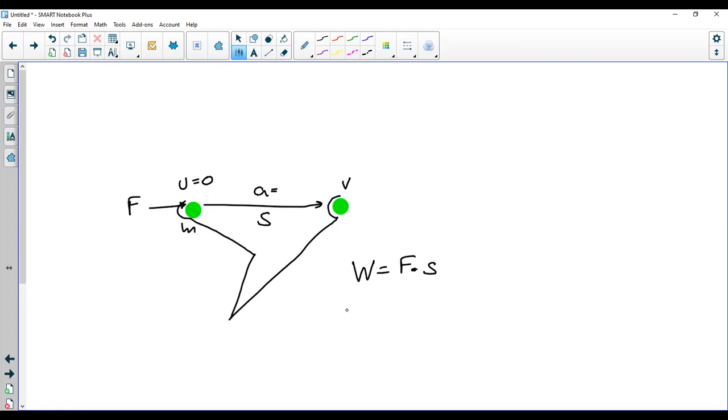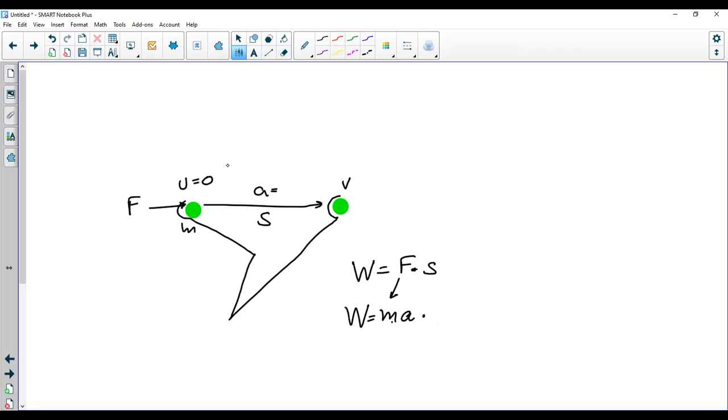So what is the force? According to Newton's second law, F is equal to ma. So can I write ma instead of the force? So ma.